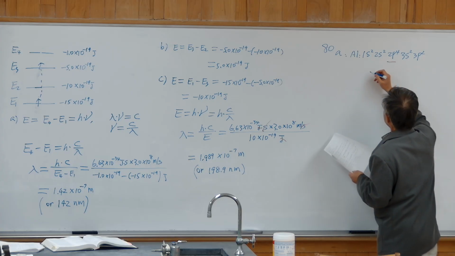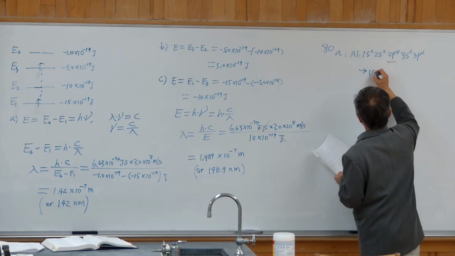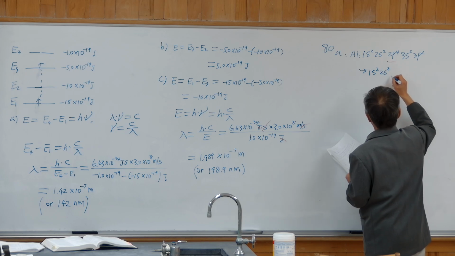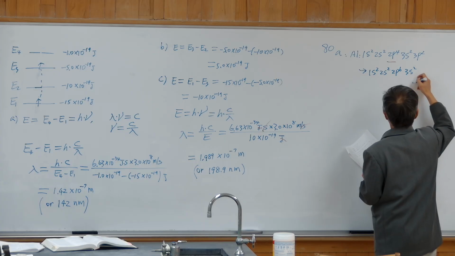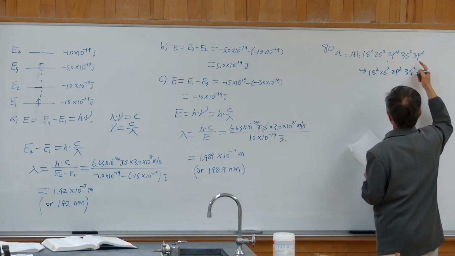So this should be 1s2, 2s2, which are correct. Then 2p6 and 3s2 are also correct. For 3p, nothing is left.